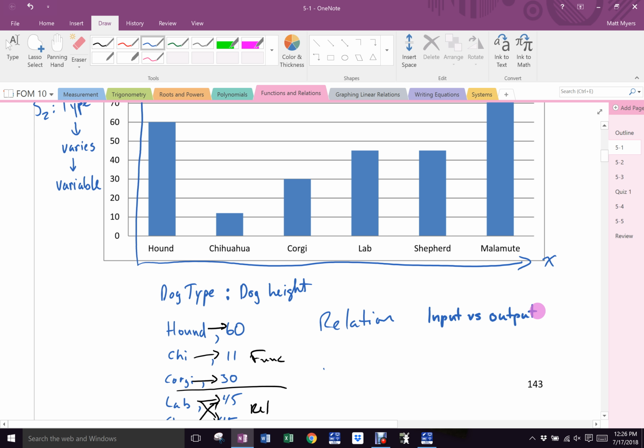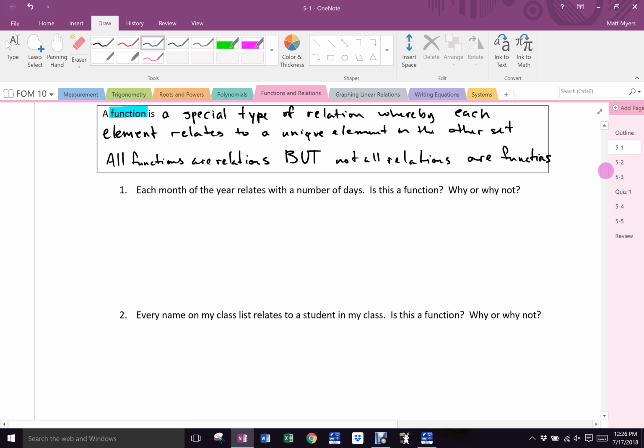Everybody agree? So in a function, each input equals one output. Is everyone cool?